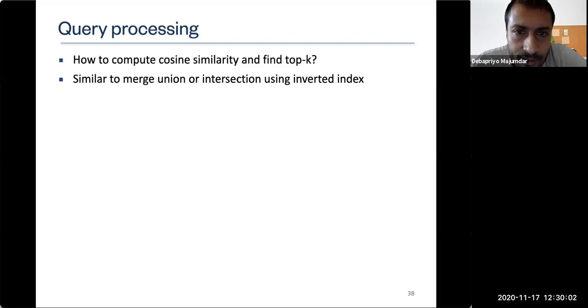And there, how do you compute cosine similarity, right? If we just do merge, union or intersection as we have seen before for Boolean retrieval, here, given the query, we have to compute the cosine similarity of every document with the query.